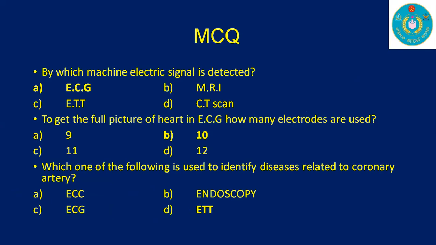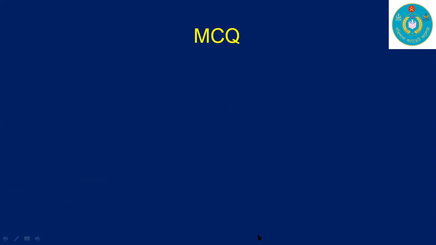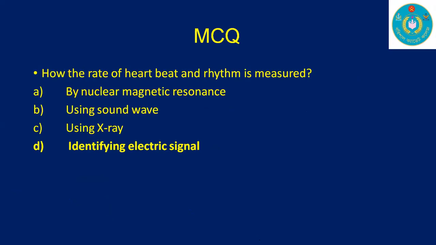I think all of you are able to answer these MCQs. The first answer is ECG. The second answer is 10. For the third, the answer is endoscopy. Read this question and try to solve this MCQ. For this MCQ, the answer is option D.